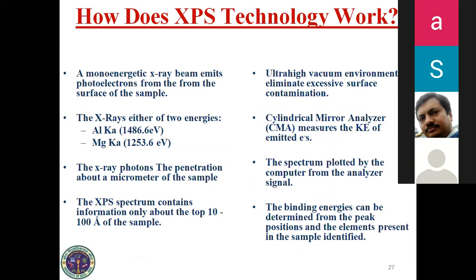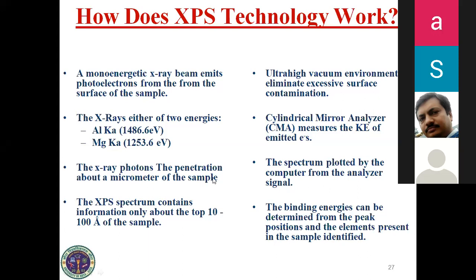So now I am going to summarize how this XPS technology works. Initially, a monoenergetic X-ray beam strikes the sample surface. For conventional X-rays, it can be either aluminum K alpha or magnesium K alpha photons, whereas for synchrotron radiation XPS, synchrotron radiation is the source.